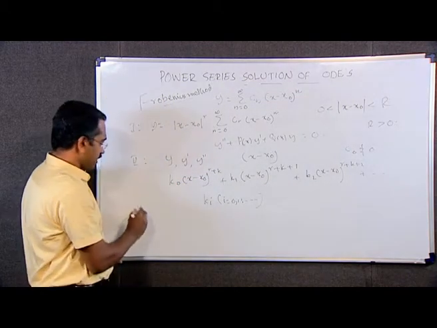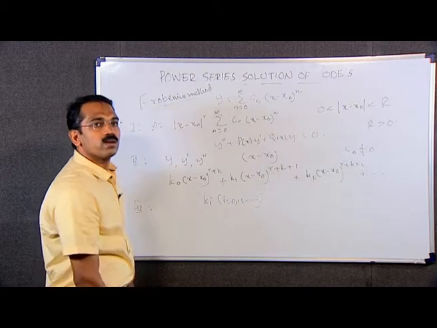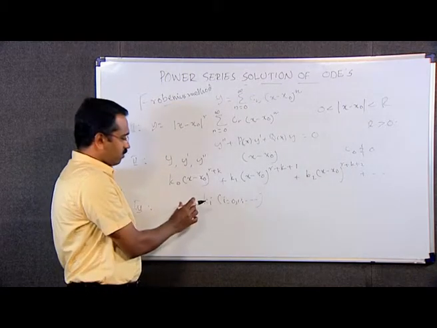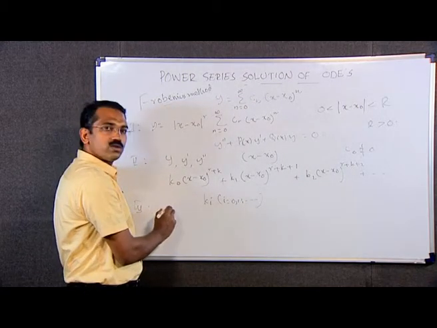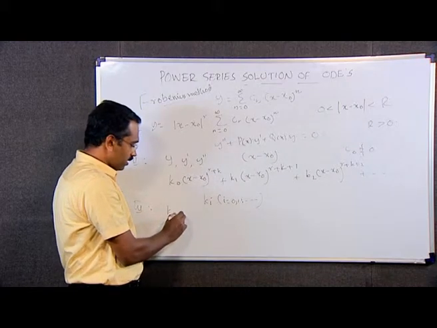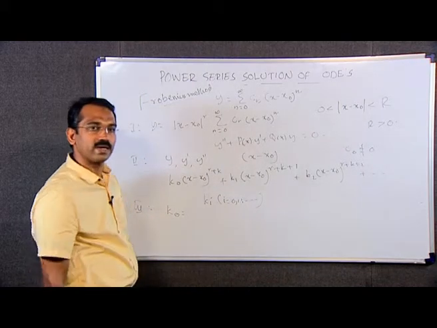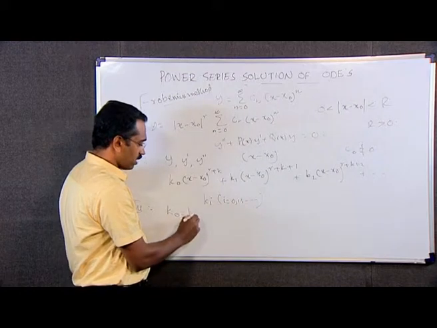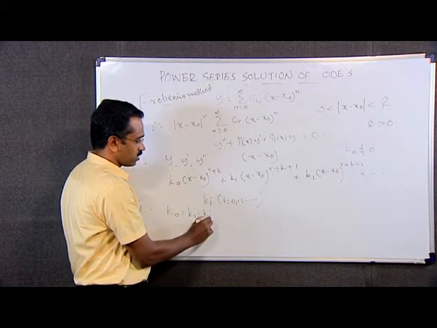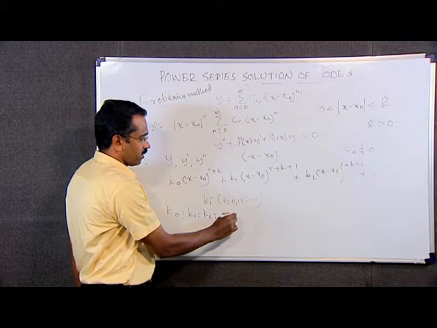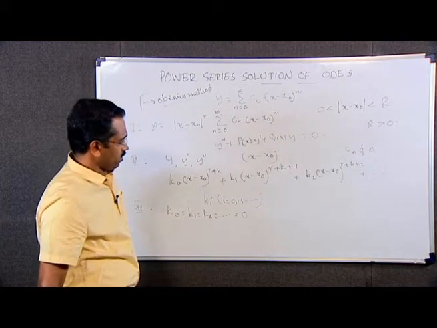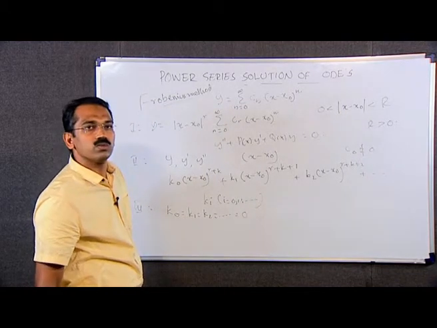The third step is we equate to 0 all the coefficients ki's, that is k naught equal to 0, k1 equal to 0 etc. up to infinity equal to 0.